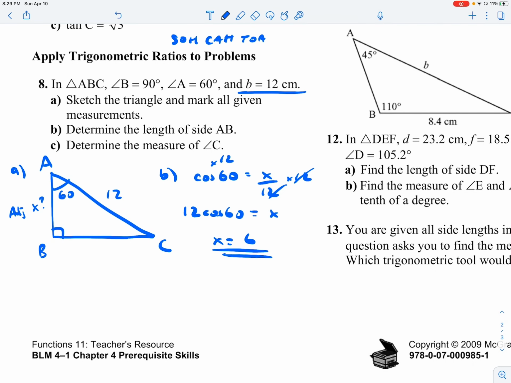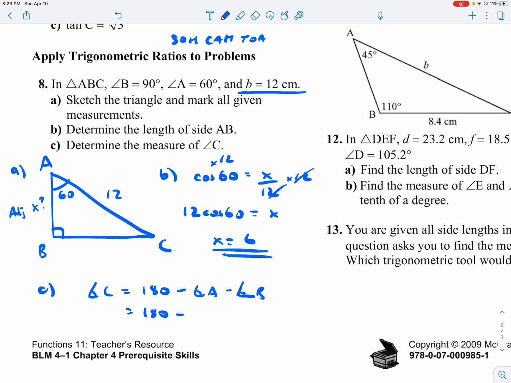It says determine the measure of angle C. Well, angle C is going to have to equal 180 minus angle A minus angle B, because all of them have to add up to 180.